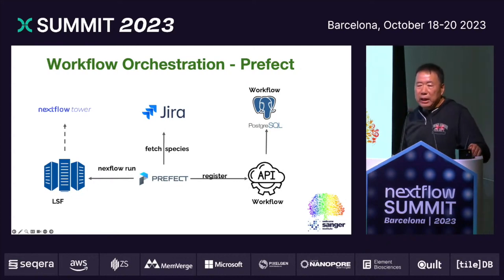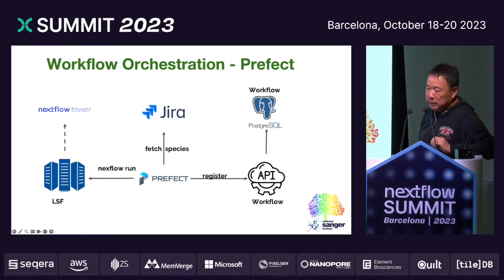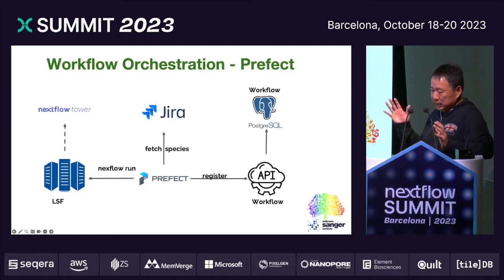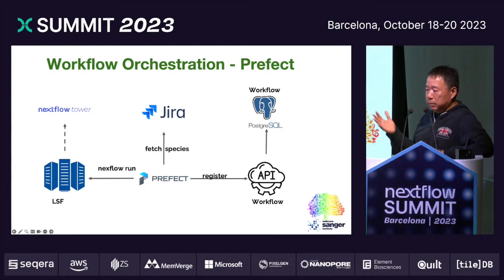So you can see we have a very big list of genomes or species to run. We have lots of pipelines for each species to run as well. So how can we manage these things? Currently, each week we run 20 or 30 species with different pipelines.